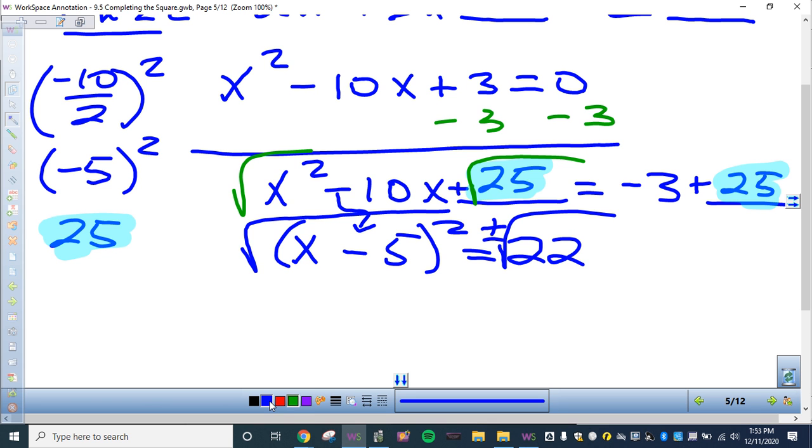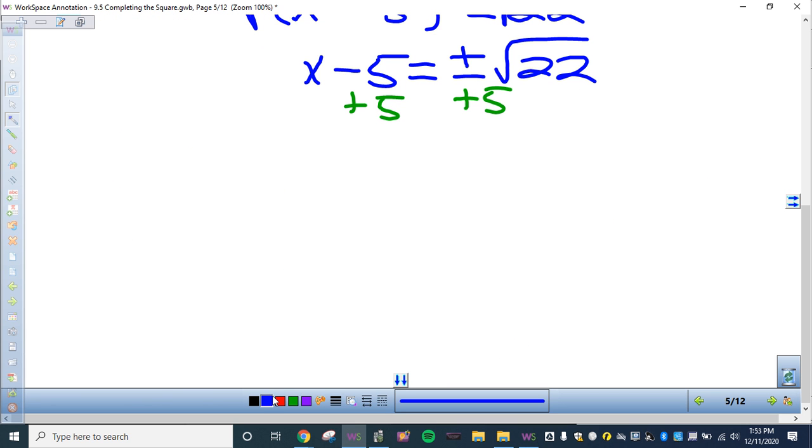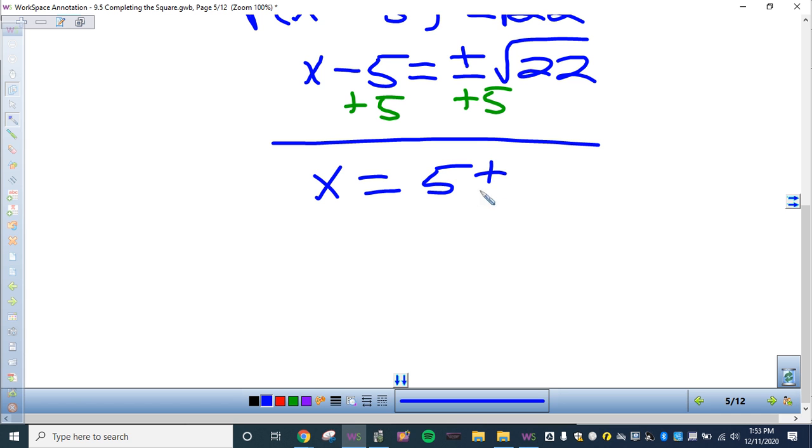And then we end up with x minus 5 equals plus or minus square root of 22. And the last step is just adding 5 to both sides. So we get x equals 5 plus or minus square root of 22.